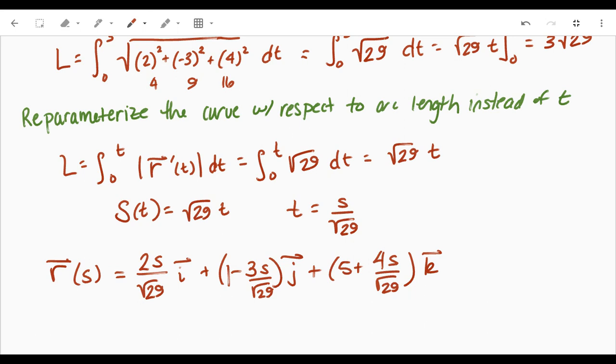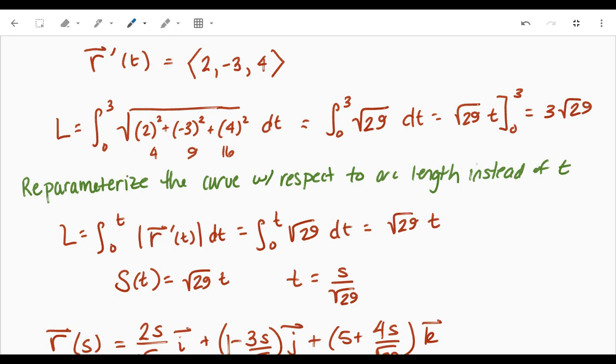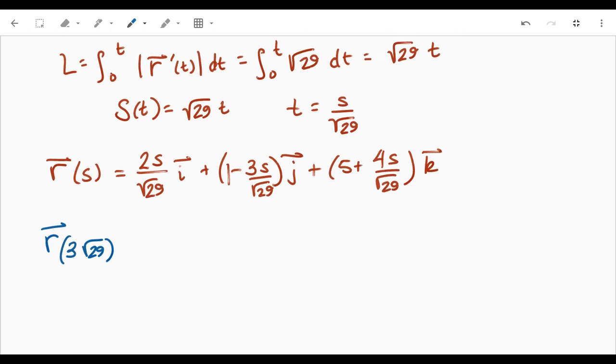So a nice example is, how about if I've traveled 3 square roots of 29? We know from that previous example that after I've traveled a distance of 3 square roots of 29, I should be here, and we'll see that it works out.